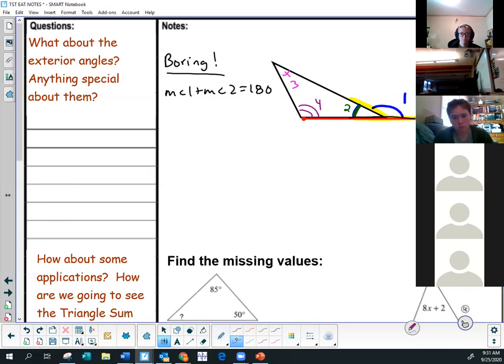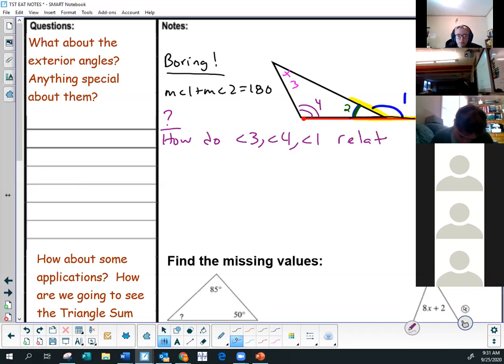Nice. Okay. The real big question here is how do angle 3, angle 4, and angle 1 relate? Again, I think everyone here kind of knows how they relate. Here's why. Is there a relationship between angle 1 and angle 2? Yeah, we just figured that out.